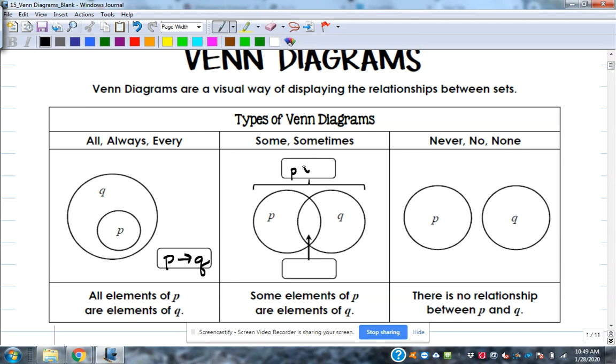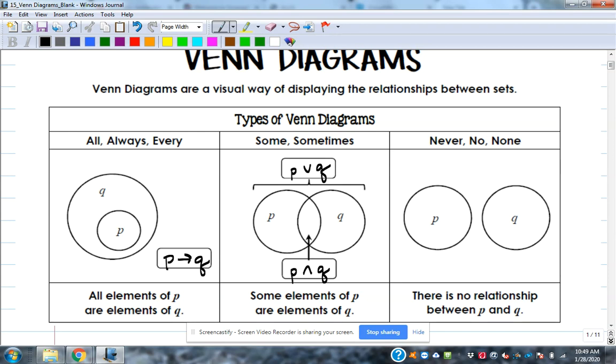So P or Q. The football shape in the middle, the overlapping of those, would be what? P and Q. Some of the elements of P are elements of Q. So the Venn diagram for that would look like two overlapping circles.